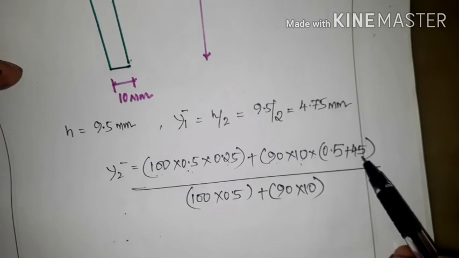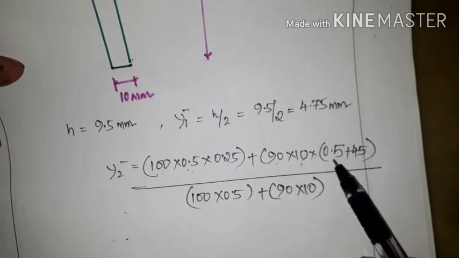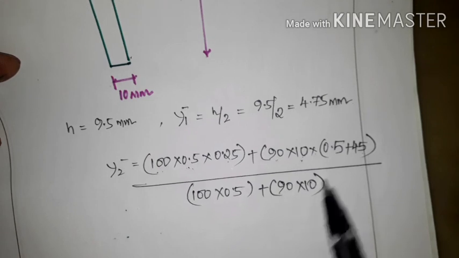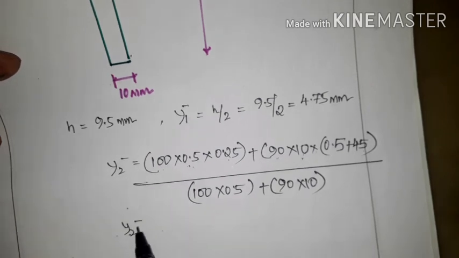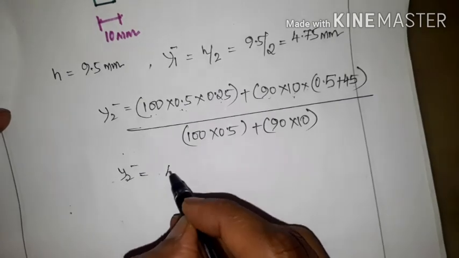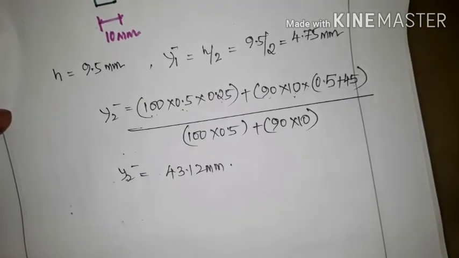So that is 45. 90 into 10 is the area, into the distance of the centroid, that is 0.5 plus 90 by 2, that is 45. Okay. So we will get y2 bar equal to 43.12 mm.